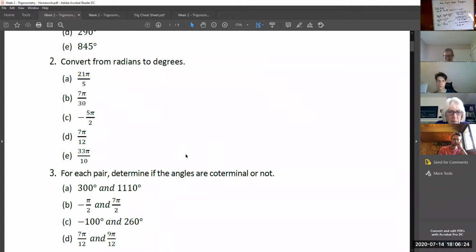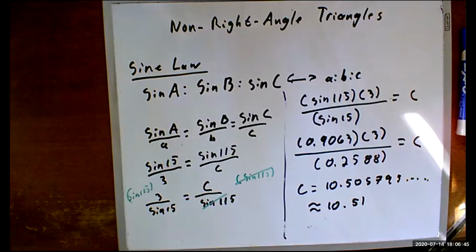Okay, I'm seeing some requests. Sorry, one second. Okay, so we have some requests for things before we get into the geometry. I'm being asked to take a look at the fractions.